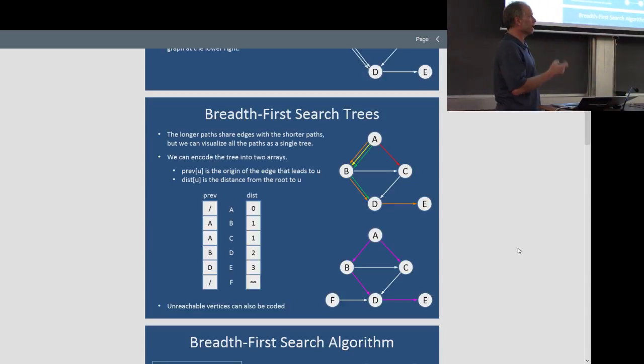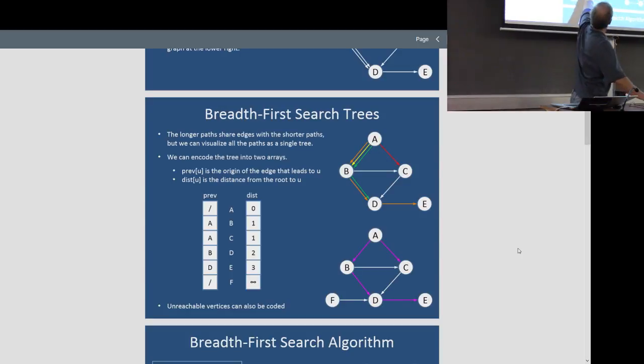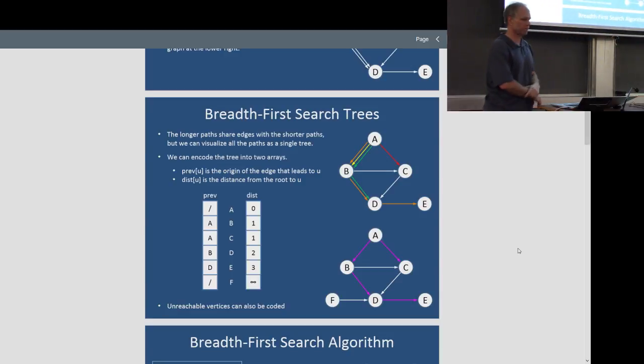Now, once you can do that, you can encode the information in this tree in a couple of arrays. So this is the previous array, and what information is the previous array telling us? How is this purple tree encoded into the previous array? It's what node you just came from when you're standing on it.